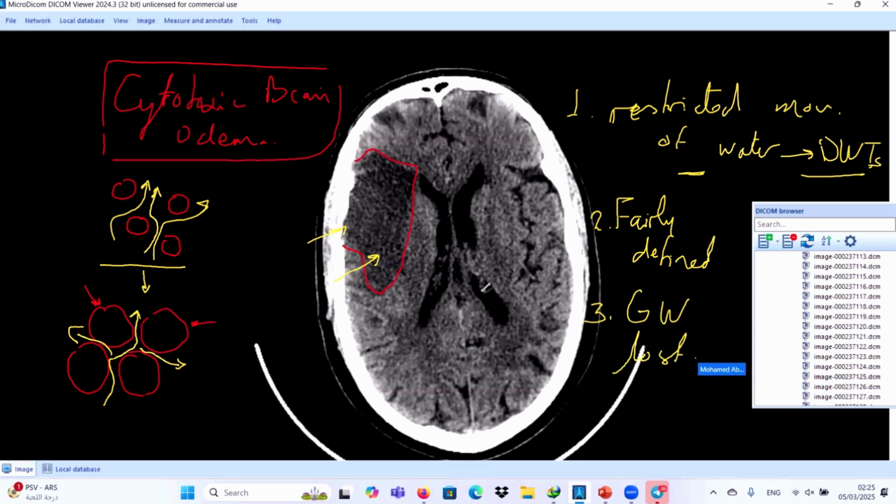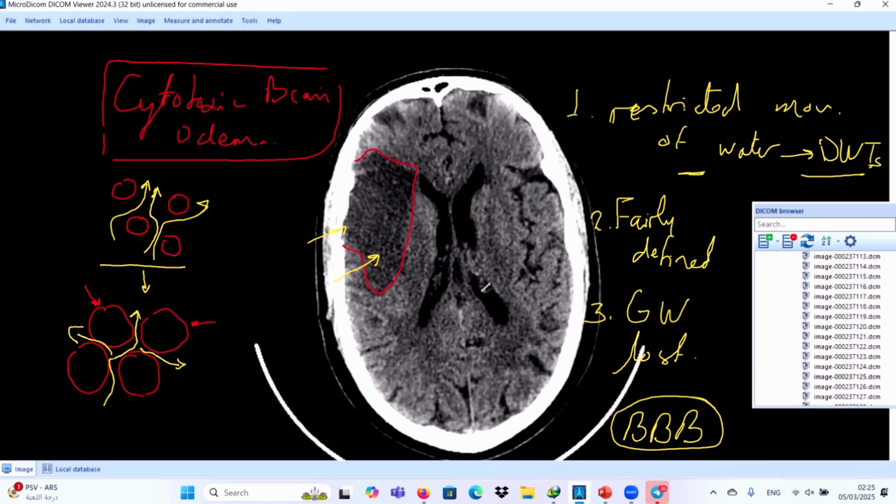Once we have edematous gray matter and edematous white matter, both of these layers will appear hypodense together, so the gray-white matter interface will be lost. The last point that we need to emphasize here is that the blood-brain barrier is still preserved, and it is not disrupted in the cytotoxic brain edema.